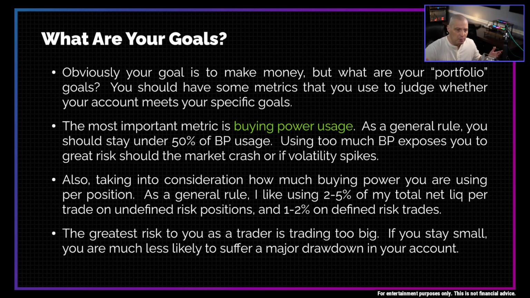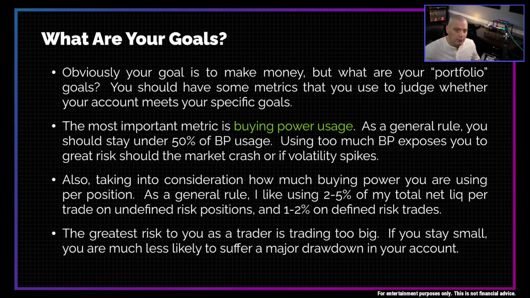If you're using a lot of your buying power, you are exposing yourself to great risk, because if the market happened to crash or if volatility spiked in a big way and you're using that much buying power, then you could actually blow up your entire account. You could lose everything, and you never want to be in that position. So as a general rule, use about 50% of your buying power and then keep half of your buying power available in cash. That way you have some cash on the side to use should you need it in an emergency situation.